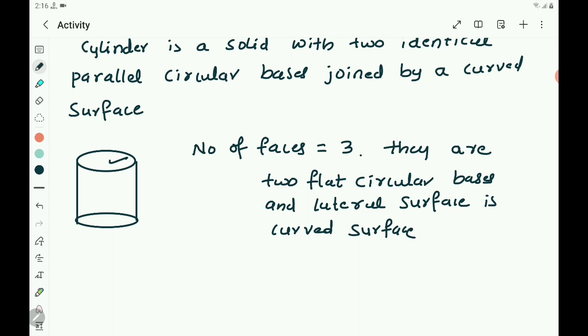Here you can observe these two are bases, circular shaped, and the lateral surface is curved surface.